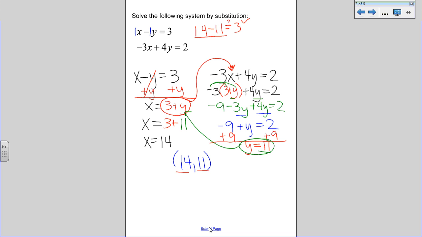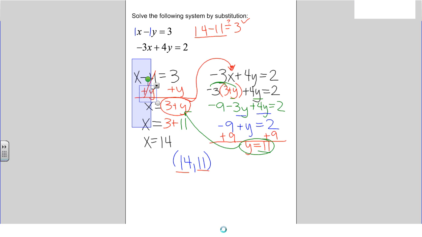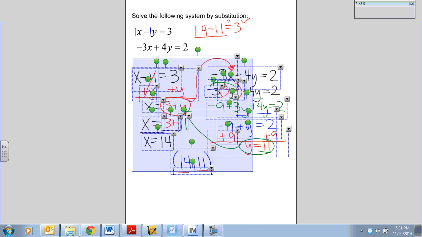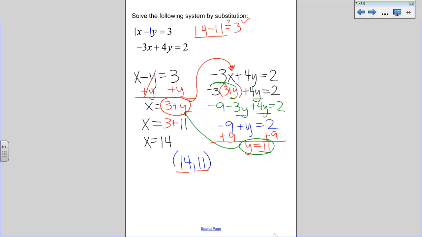This is where our work sometimes gets in our way, so if I can kind of box some of this stuff up. Let's see if it's going to let me do that. Oh, we'll see, ladies and gentlemen, what's in here.